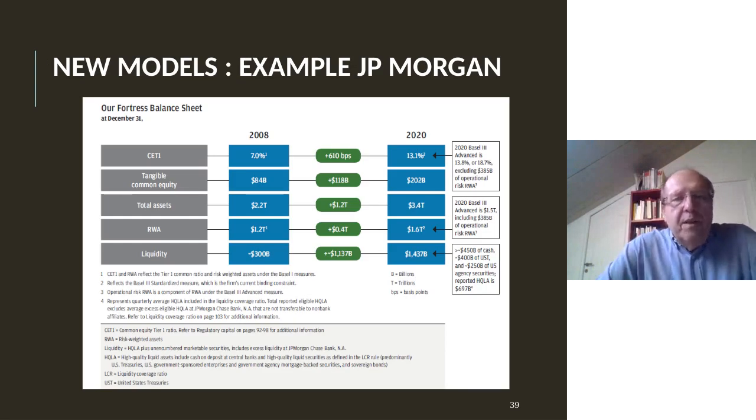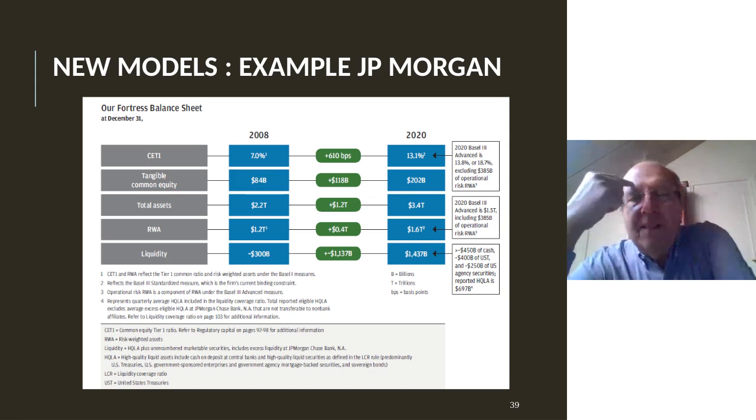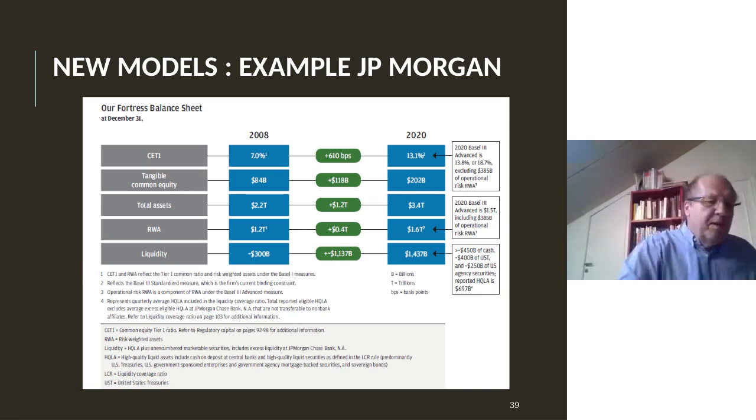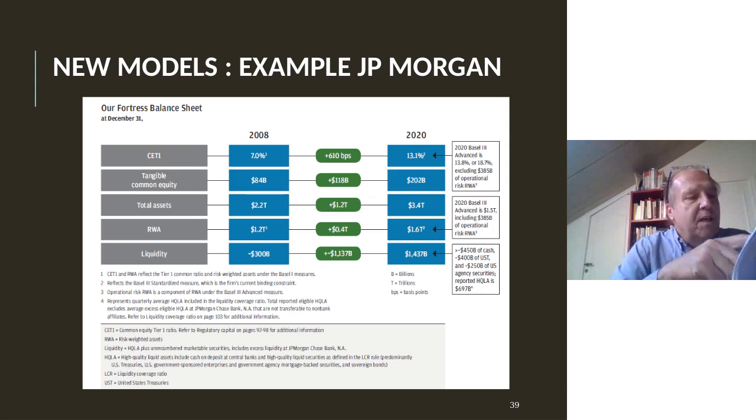So if we take that example, that's JP Morgan, how they were, and that's something we could think about when we were doing the example of Lehman, for example. You see, you cannot really have the same model now as in the past. You see the liquidity, the cash they have, which is the last row.